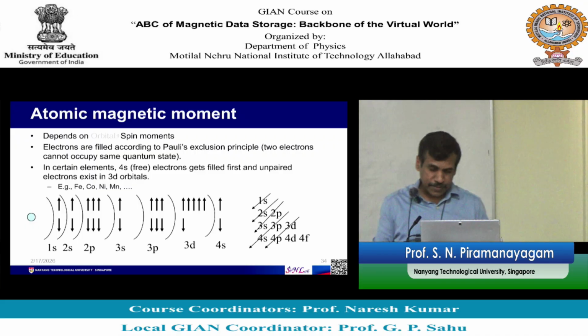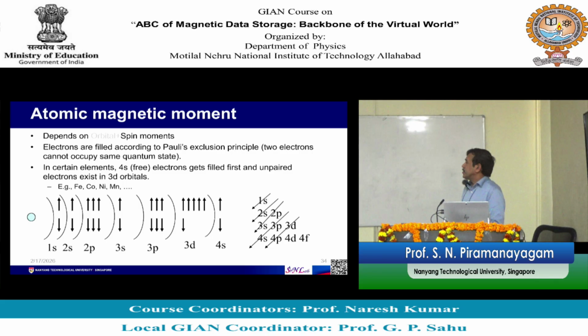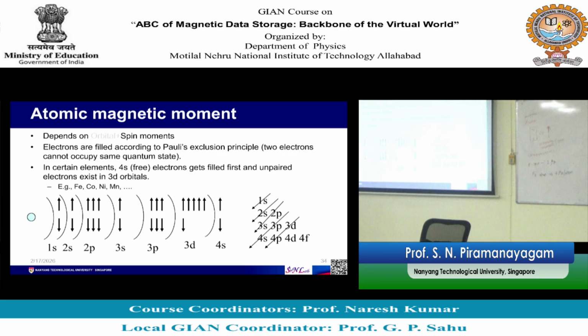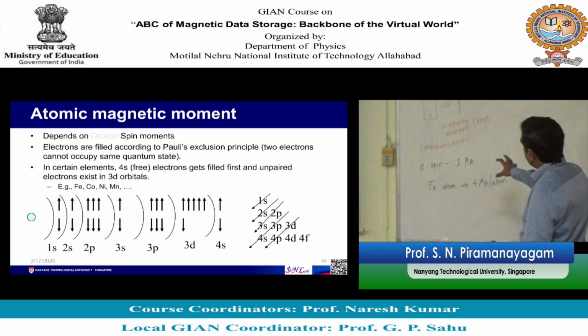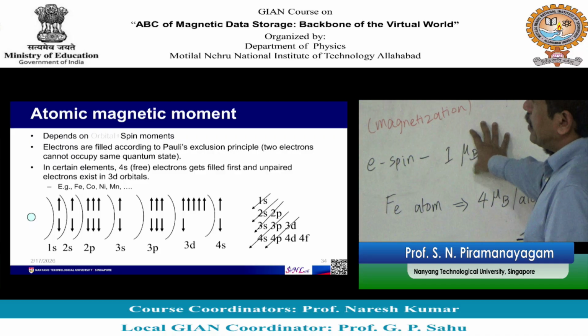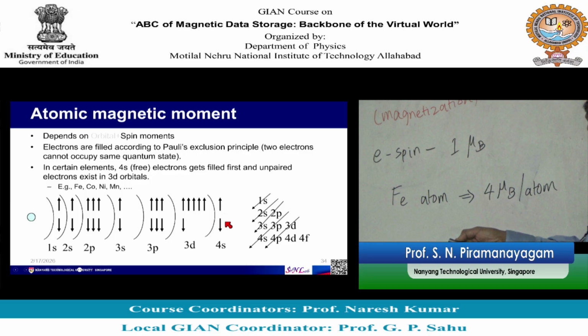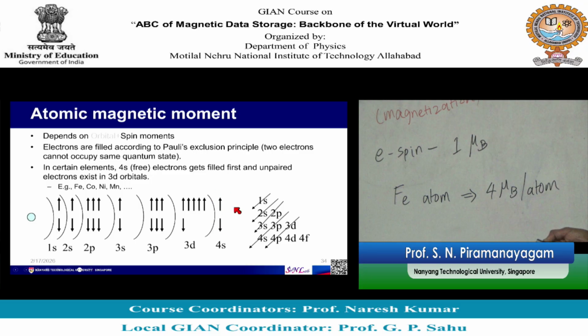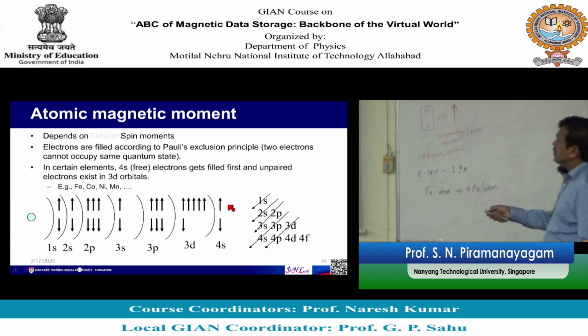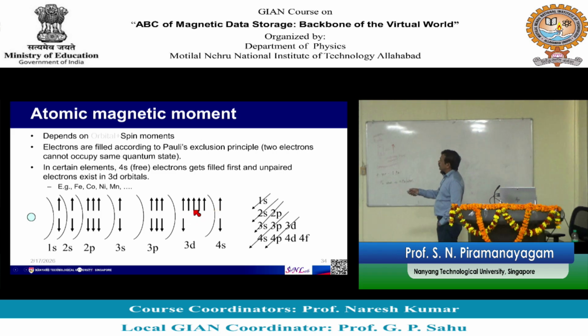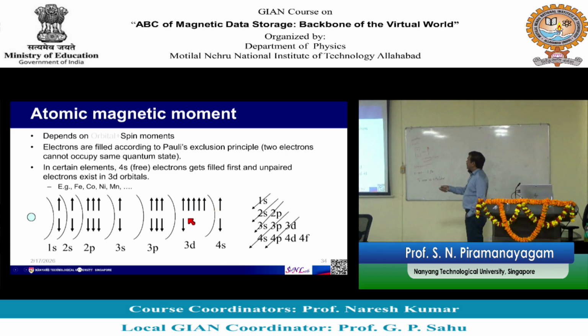Okay. So, remember that each electron spin has a 1 Bohr magneton value, and all the other spins have compensated spins. That means, for every up spin there is one down spin, except for these 4 spins. Okay. So, we can say that this iron atom has 4 Bohr magneton per atom.